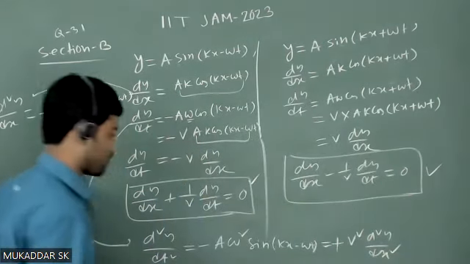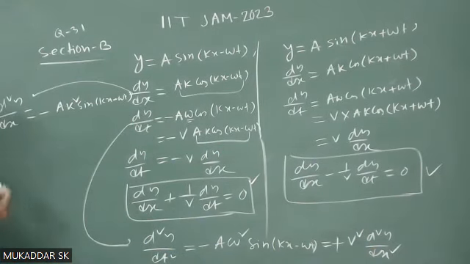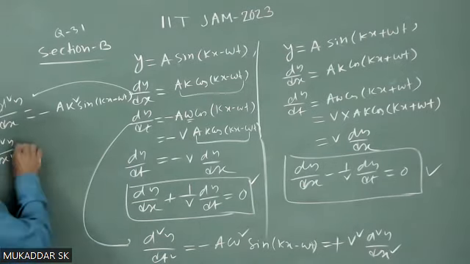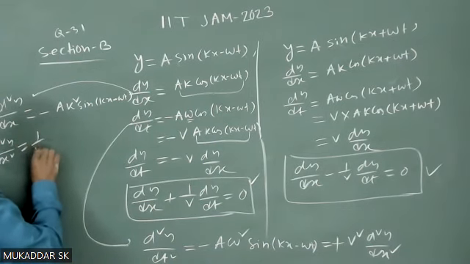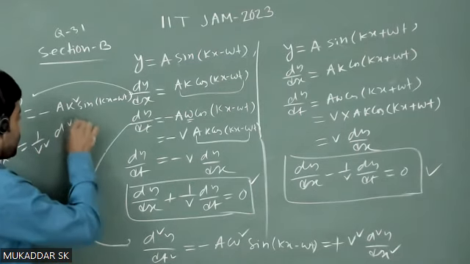If I rearrange it, I'll get del square y by del x square equals 1 by v square into del square y by del t square.